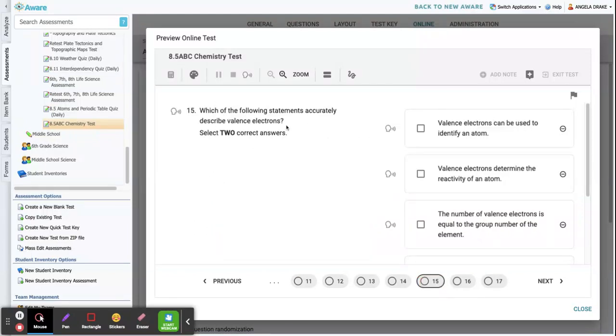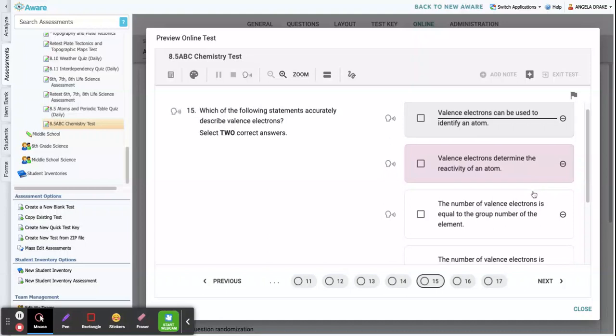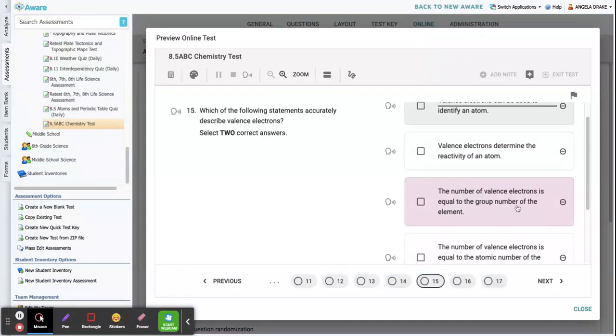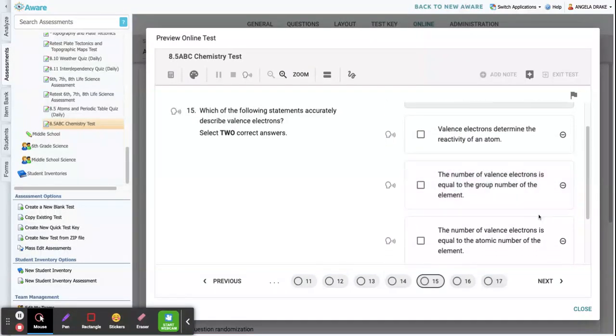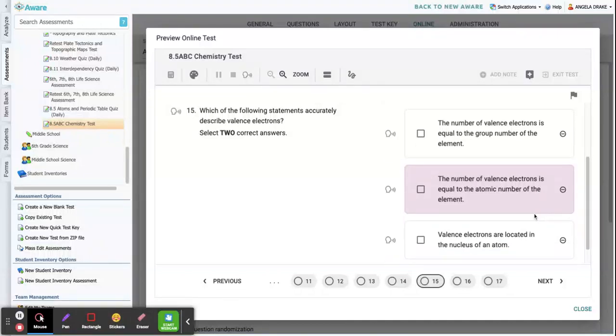Which of the following statements accurately describes valence electrons? Select 2. Valence electrons can be used to identify the atom. No, those are protons. Valence electrons determine the reactivity. Yes. The number of valence electrons is equal to the group number of the element. Yes, kind of.